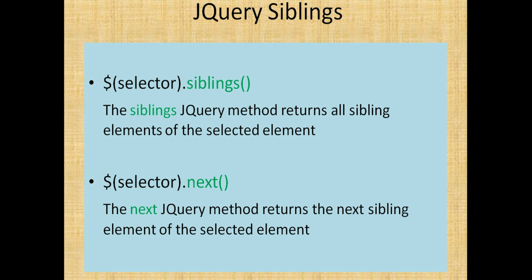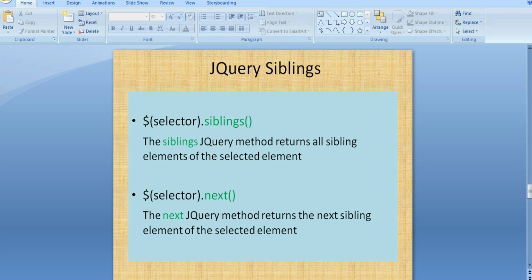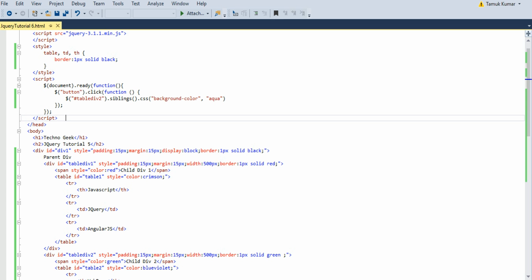Now the next method is the next jQuery method. It returns the next sibling element of the selected element. I replace siblings with next. Suppose I need to apply a background color to the next sibling of div 1.